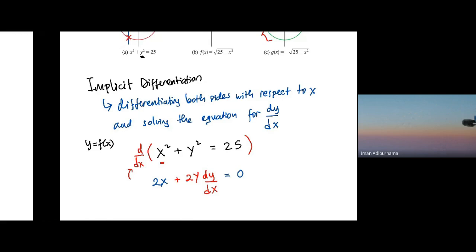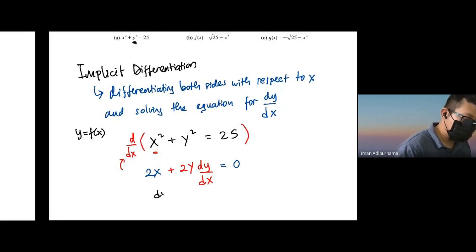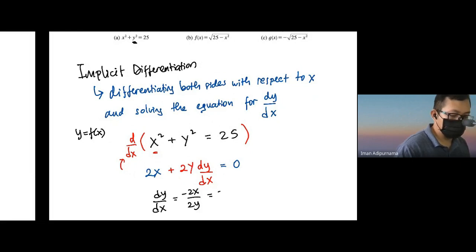And then to solve this, we need to solve for dy dx. So we write dy dx then is negative 2x divided by 2y, or this is just negative x over y. So the first derivative of the circle equation, we can write as negative x over y.